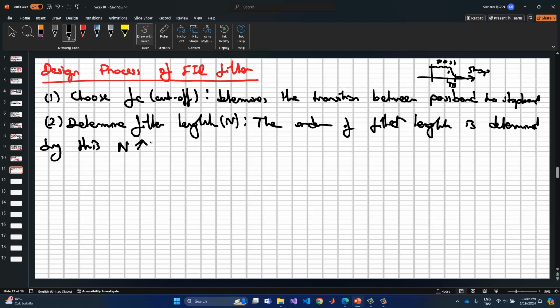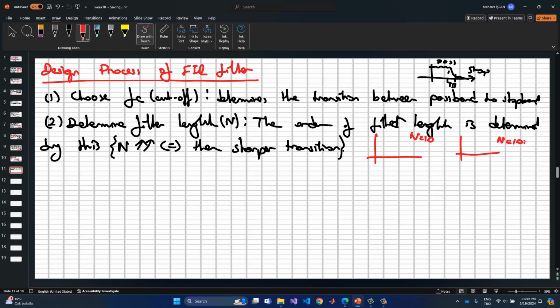If we select N as a higher order, then we have a sharper transition. For example, if we have any Bode plot in here, and we choose the order of the filter as 10, the other one as 100, this is the magnitude, this is the frequency.